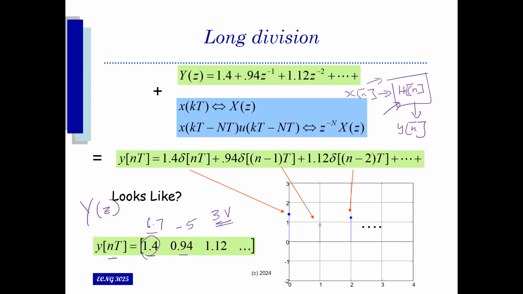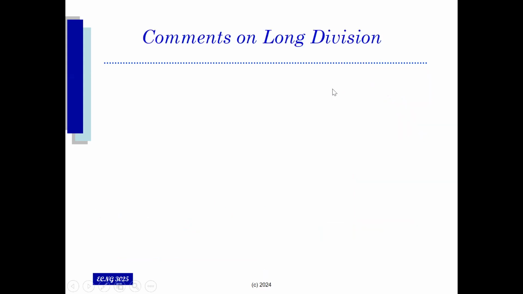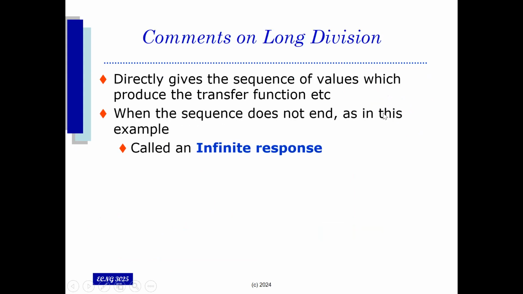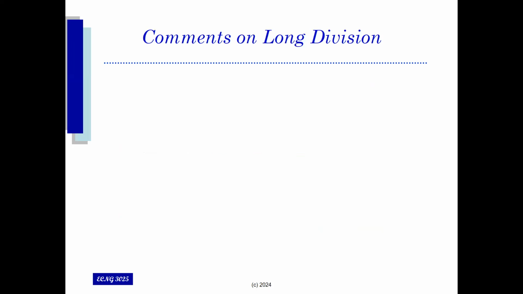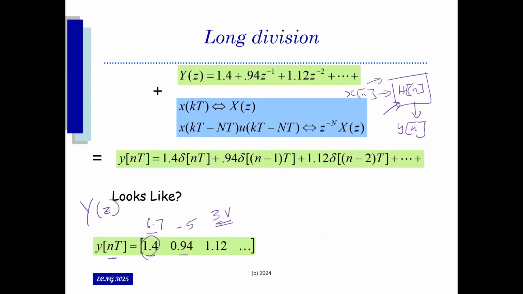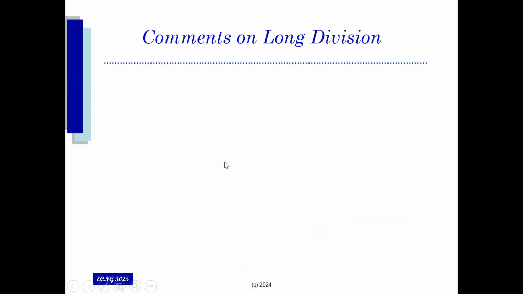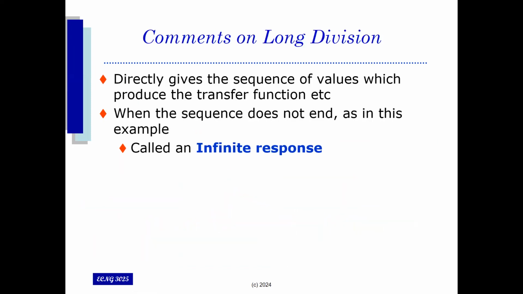Make sense? Yes, sir. All right. Comment, right? It gives us the first sequence of values and so on. What happens, like in this particular example, if I keep dividing the numerator by the denominator, this transfer function will keep giving me values all the time.